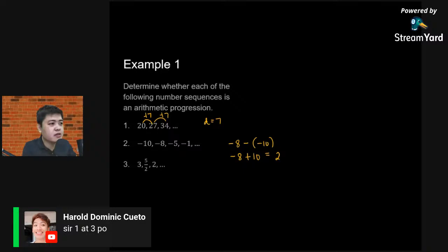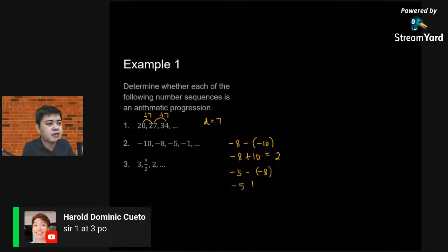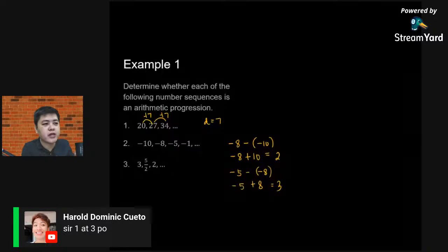Okay? And then negative 5 minus negative 8 will become negative 5 plus 8, that's 3. Negative 1 minus negative 5 will get negative 1 plus 5, so that's 4.